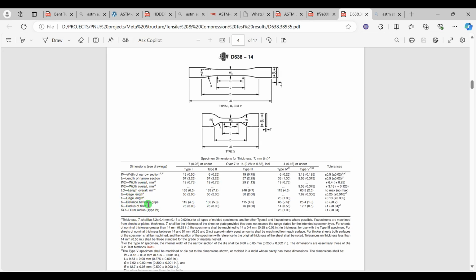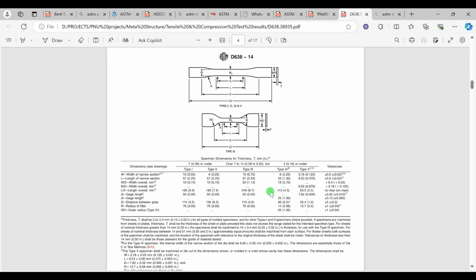Gauge length is so important for designing the specimen for doing the tensile test, because if you use either a mechanical extensometer or laser extensometer, you will extract data through the gauge length area, and all strain will be calculated from this area.